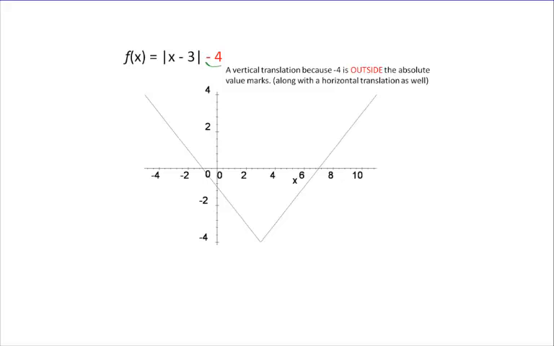If it is not inside the function operation, if it is outside of that operation, no matter what the operation is, and it is a plus or a minus, that is a vertical change, a vertical translation. Here it is a translation 4 units down because it's -4.